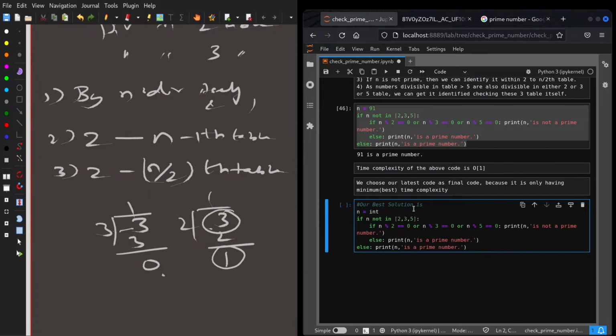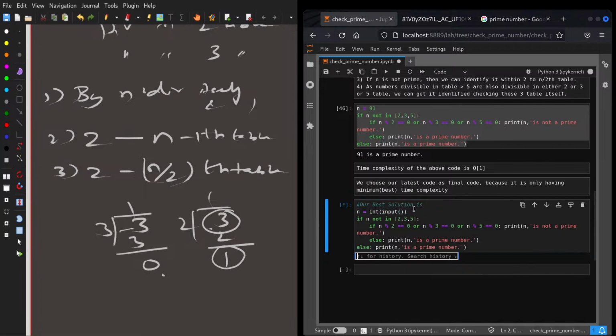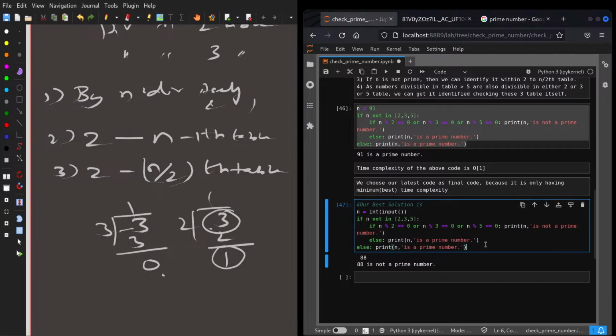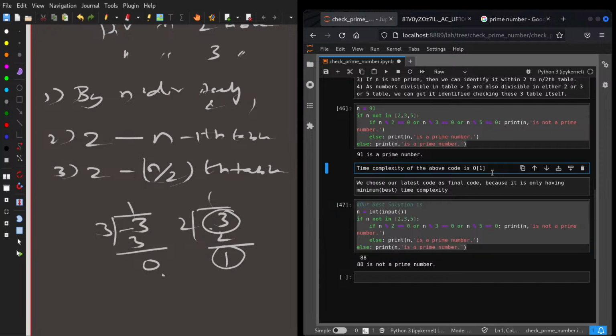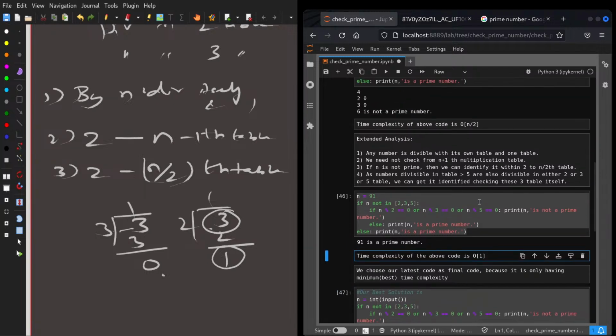So in this case, you can now give input and check various numbers. 88 is not a prime number. Understood? How we chose this specific code as the best one, based on the time complexity. There is no loop at all.